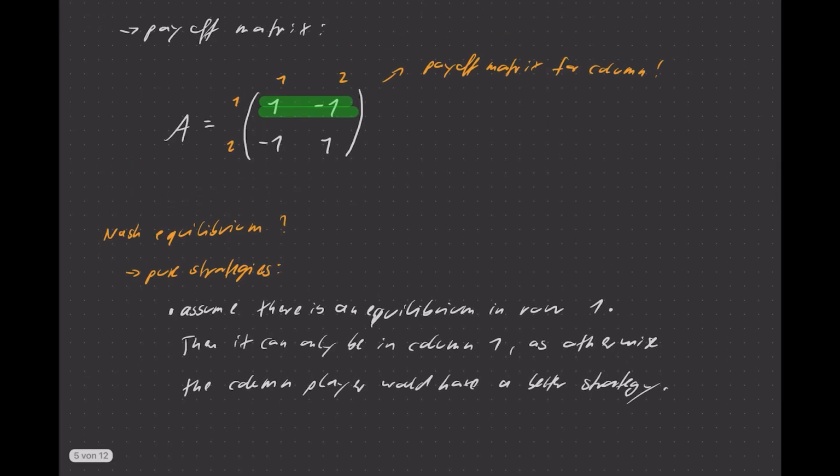Now, however, if we look at this, so we've decided it can only be in column 1. And if we look at this from the perspective of the row player, then this point here is highly undesirable for the row player. The row player would much rather choose this point here, because -1 for the column player means the row player gets money. So the row player has an incentive to change. And that means this point is not row's best response to column player, column 1, so this is not a Nash equilibrium.